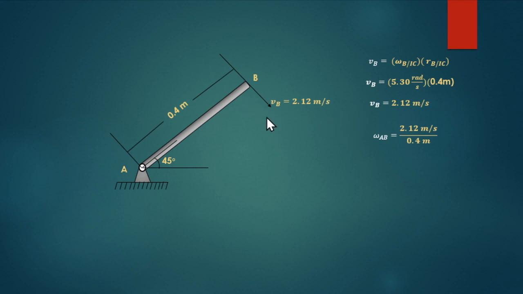And we can also get the omega, or the rotating motion, of link AB: 2.12 meters per second over 0.4 meter is equal to 5.30 rad per second. So that's all and have a good day.